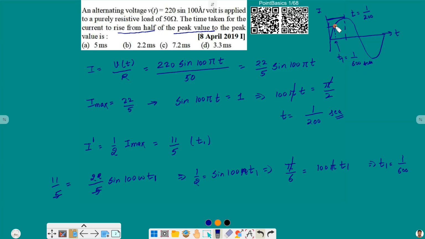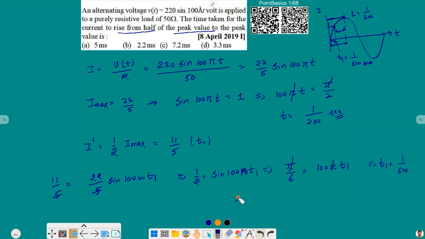And as per the question, we have to find the time taken to reach the peak value from the half value, means we have to find this time period. We have this time period and we have this time period. So what we do, we subtract 1 by 600 from 1 by 200.